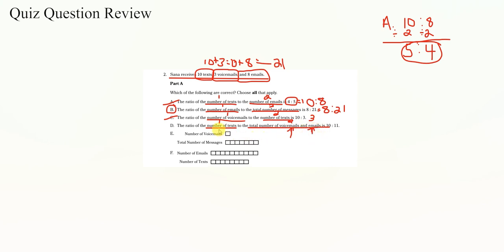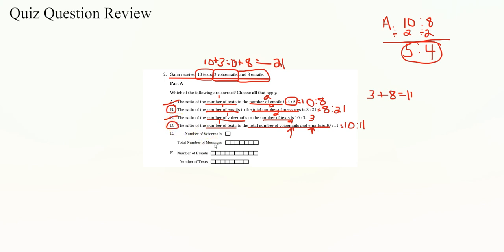Okay, so the number of texts is 10. So we're going to write 10 to. Voicemails is 3. Emails is 8. So we're going to say this is 3 plus 8. And we know that is 11. So I'm just going to write that here. As you can see, they are equivalent. So we're going to circle the letter D.